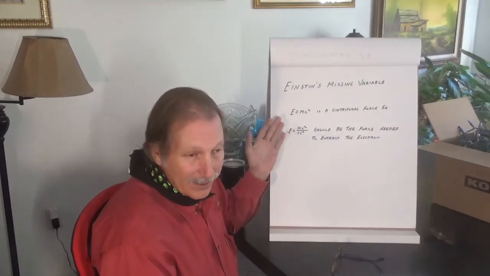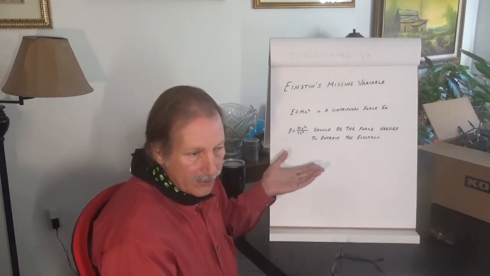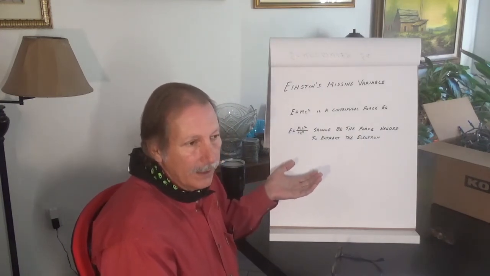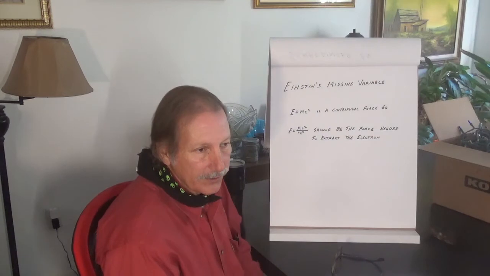That is the reason an atom does not measure the same weight as the constituent parts. It's because it gets a little bit of elevated force from the elliptical orbit induced by the gravitational field it's sitting in.